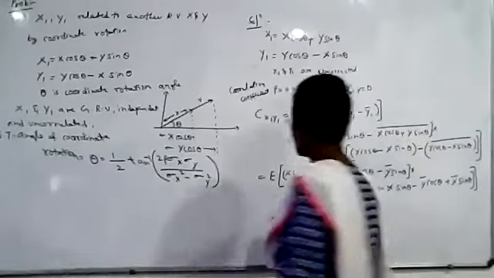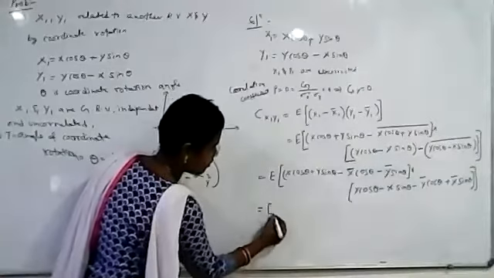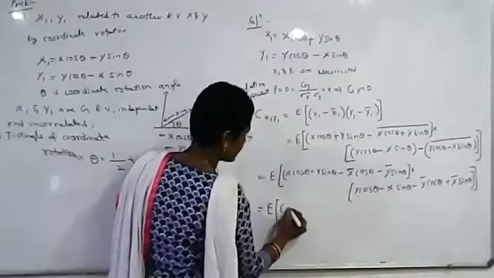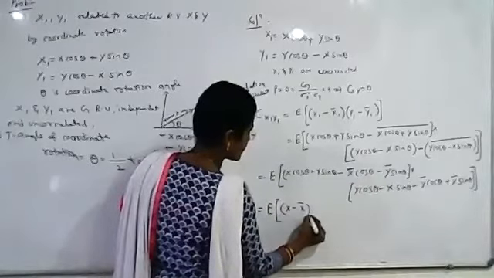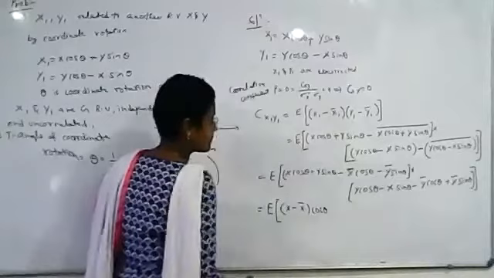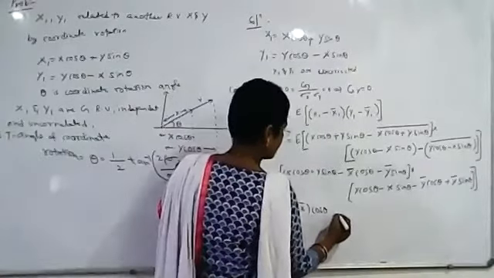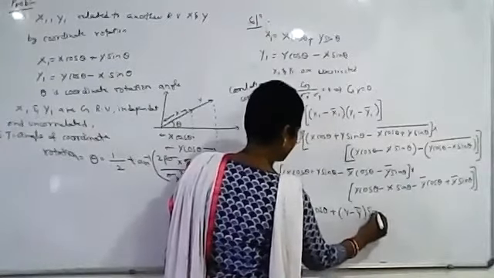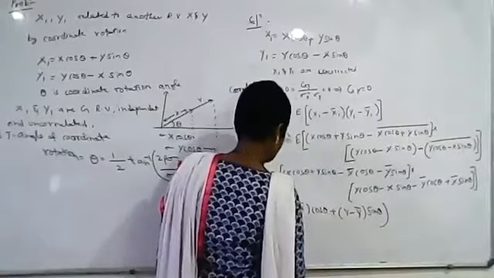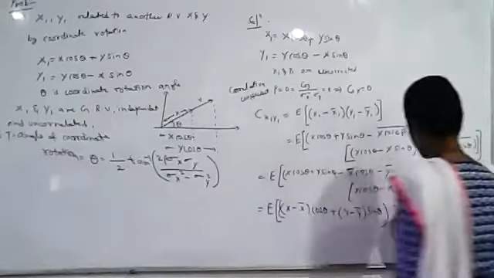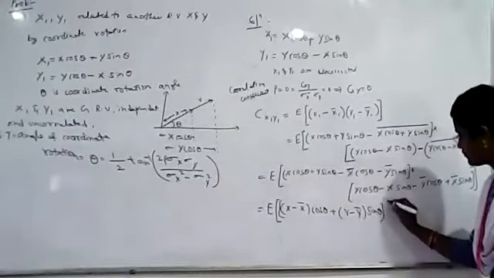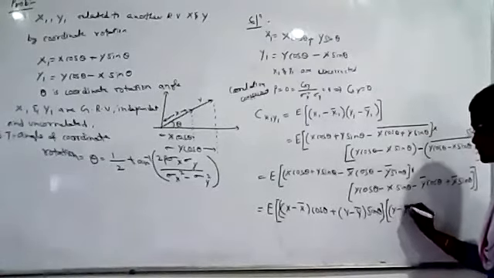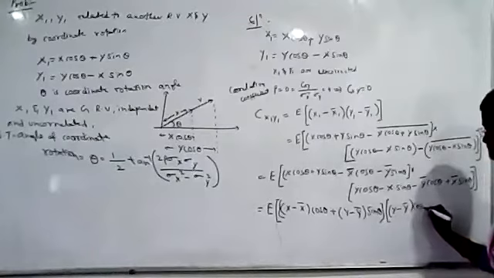Now this can be written as the expected value of, cos theta is common here, check it, x minus x bar times cos theta plus y minus y bar times sin theta, into, here also, check this, we will be getting y minus y bar times cos theta.